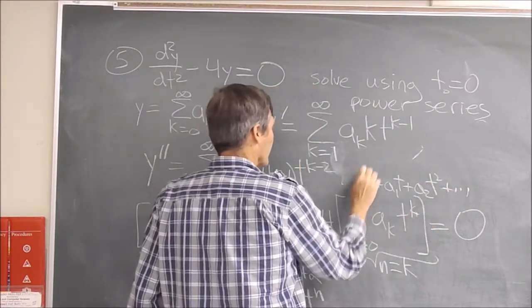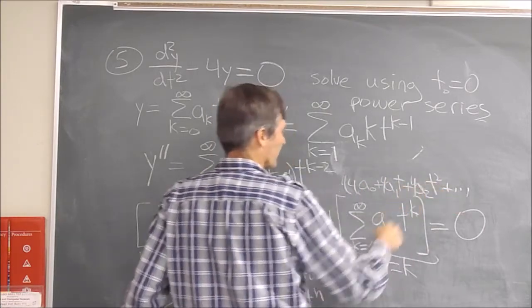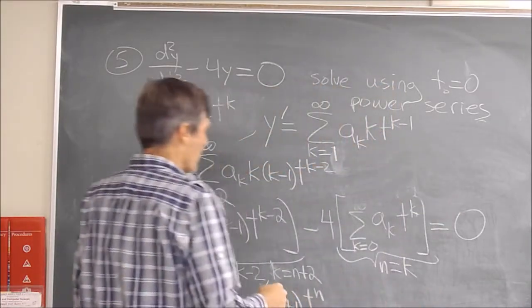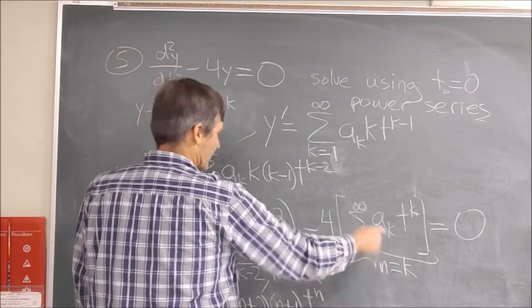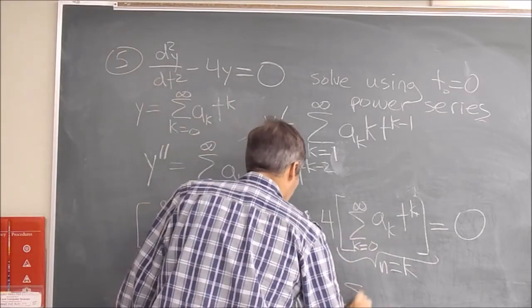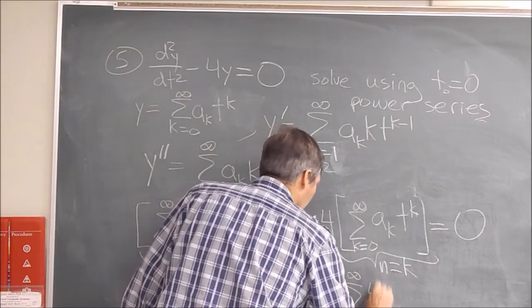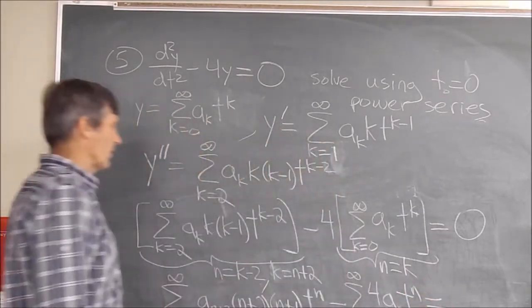You just pull a 4 in, and it becomes 4a0 plus 4a1 t, and so on. It turns out to be a theorem from calculus. So I'll pull the 4 in, and then I'll just replace k with n straight through. So this is minus sum n equals 0 to infinity, 4a_n t to the n, all equals 0 on the right-hand side.